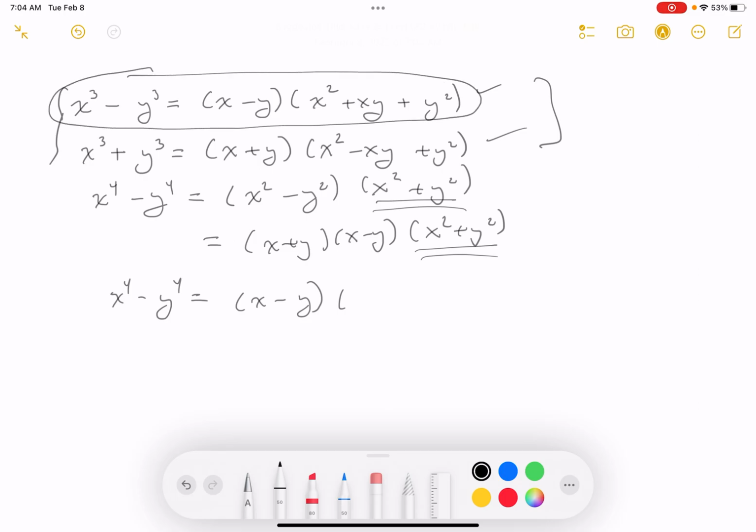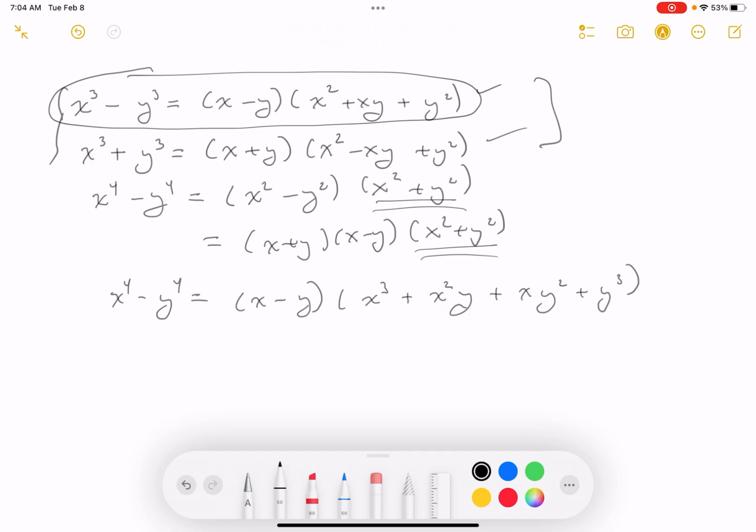What are you going to get? Well, just looking at the pattern, it looks like you're going to get x cubed plus x squared y plus xy squared plus y cubed.